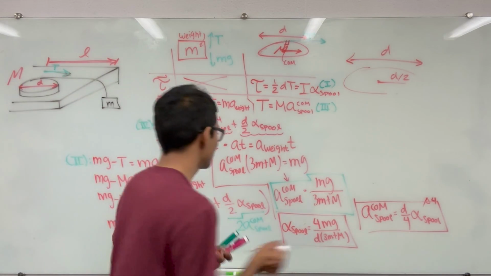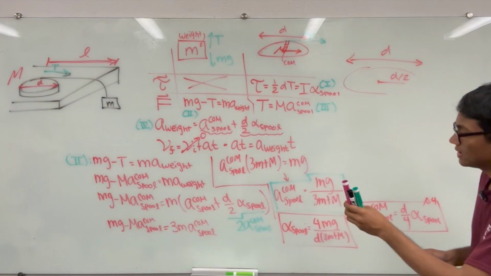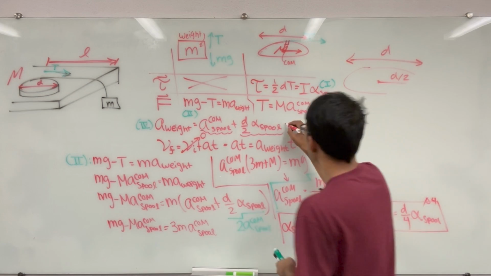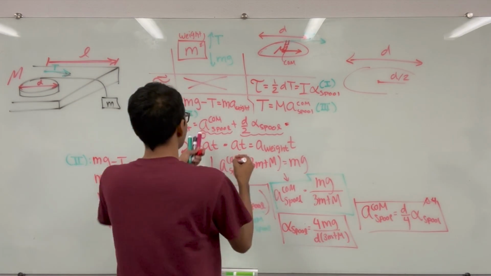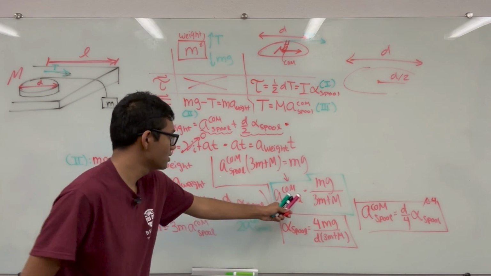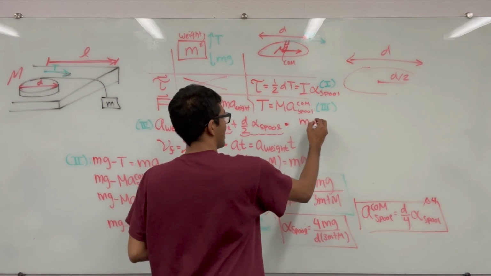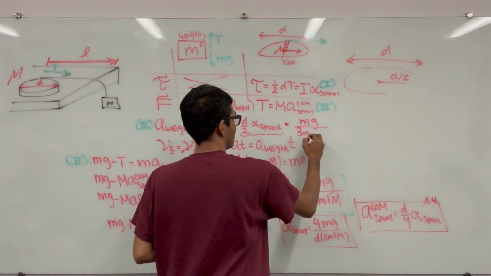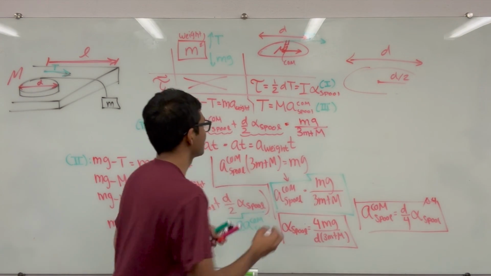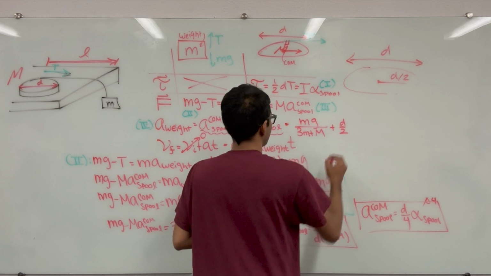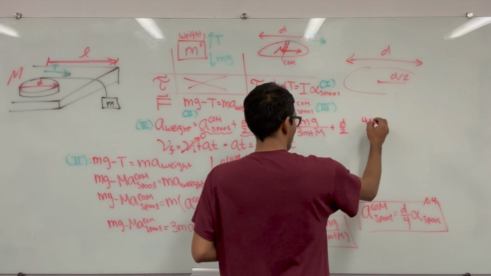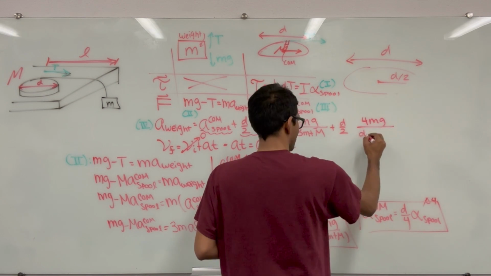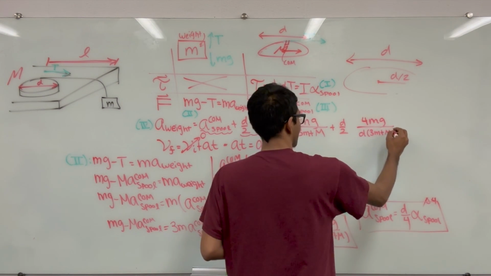Okay, so let's go ahead and plug it in right here. The acceleration of the weight is equal to the acceleration of the center of mass of the spool, which is mg divided by 3m plus capital M, plus d over 2 times the angular acceleration of the spool, which is what we just computed here, 4mg divided by d(3m plus capital M).